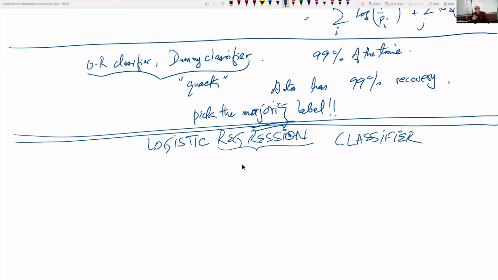So you can always sit in interviews and ask, what are the regression methods you know? People will say linear regression, logistic regression. You can end the interview right there, because logistic regression is for classification, despite the name. It's a logistic regression classifier. It's a classifier for us.